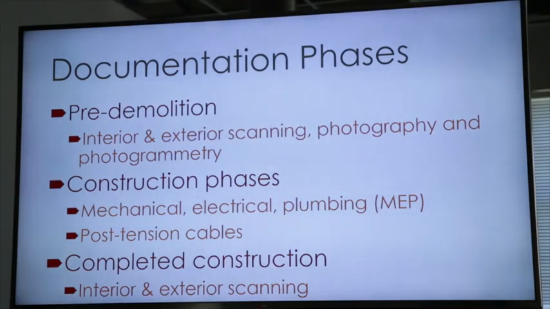When they said, "Could you scan those where we could actually see where they are after the fact?" And we said, "Sure." And so instead of having to hire someone with an X-ray machine or GPR to come back and find the cables down the road, they can go back and look at this data and measure precisely where they are and say, "Don't cut here." And then we scanned after they covered everything up. So when the building was finished, we got the whole thing.